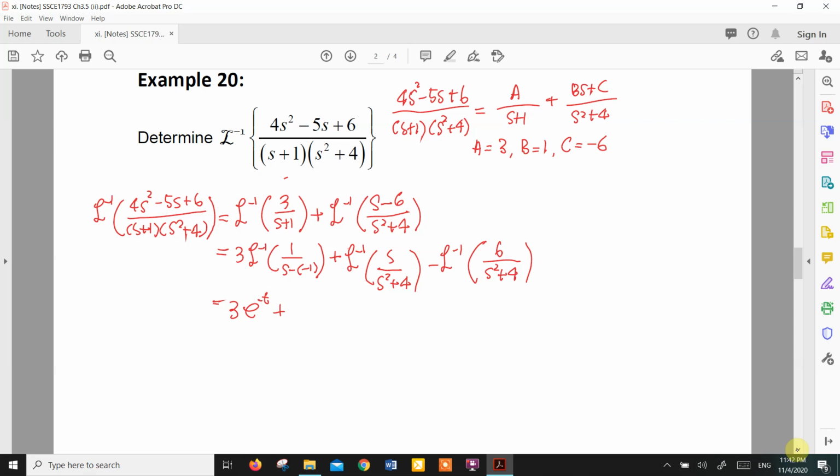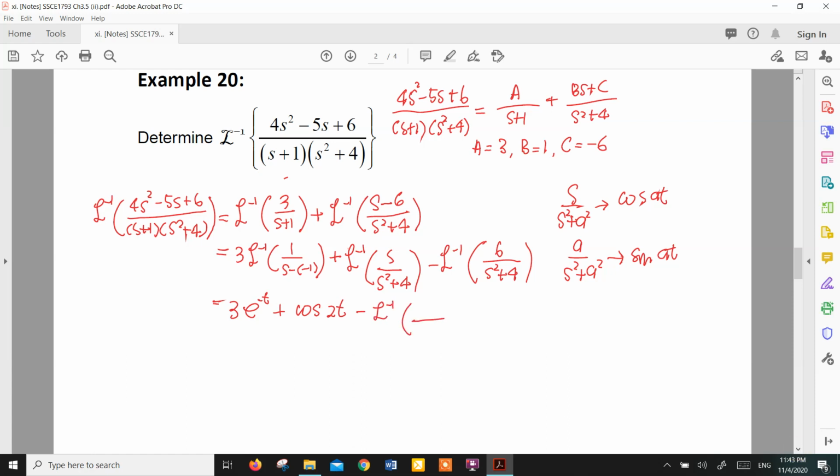Plus, if you have s over s square plus a square, this is actually cos at. If you have a number up here, so you have a over s square plus a square, this is sin at. This one is cos, a is 2 in this case, 2t.